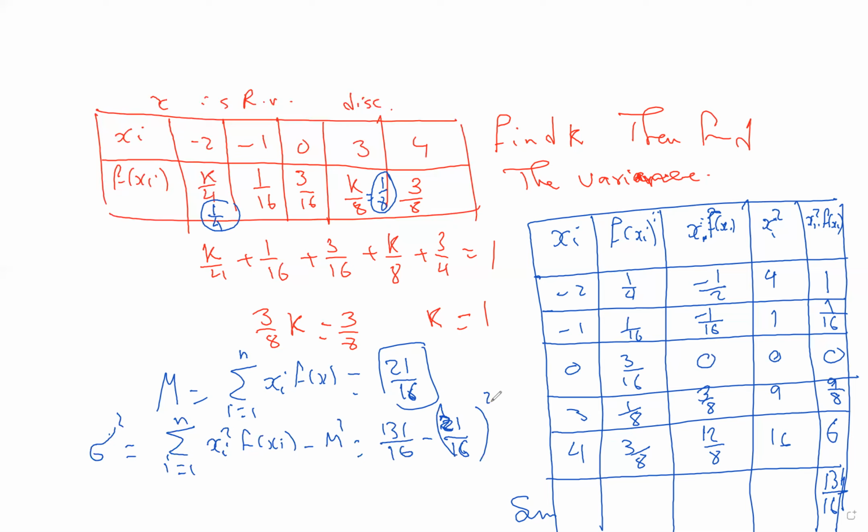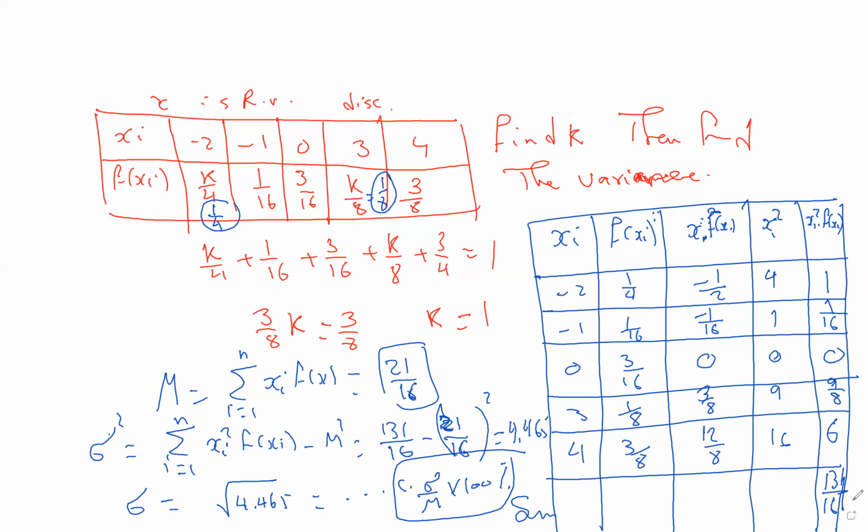Okay, it will be 4.465. Then the standard deviation will be the square root of 4.465, and find the answer. It's okay. And if you need the coefficient, you will divide sigma by mu times 100% to find the coefficient of variation.